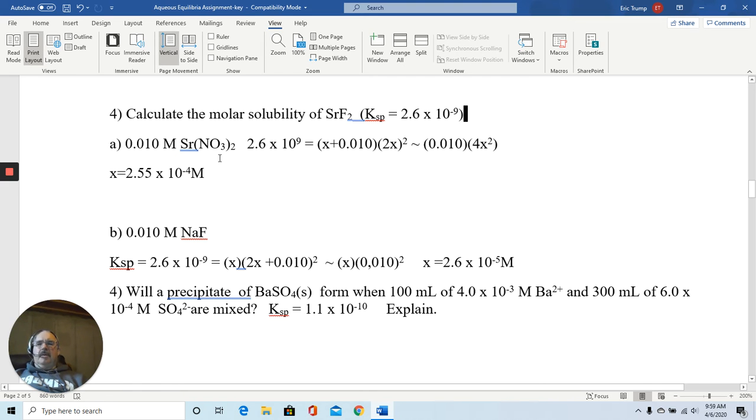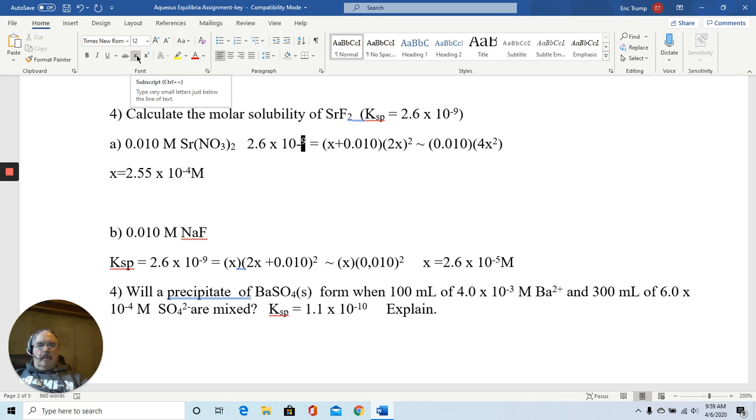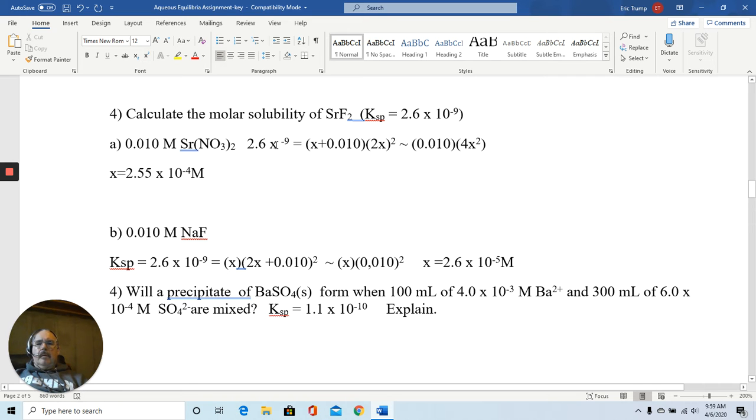Most nitrates are soluble. So our KSP is 2.6 times 10 to the minus 9th.